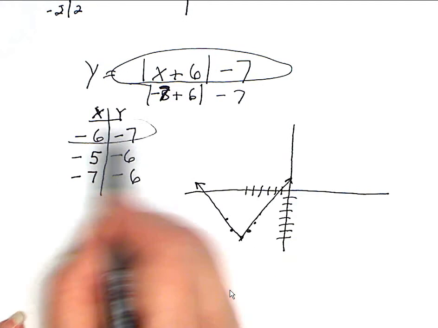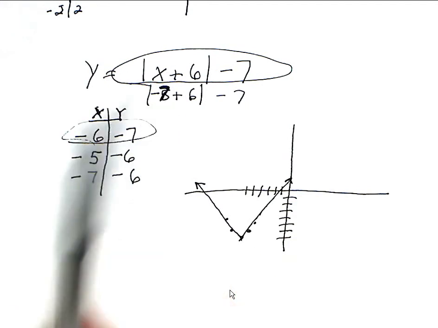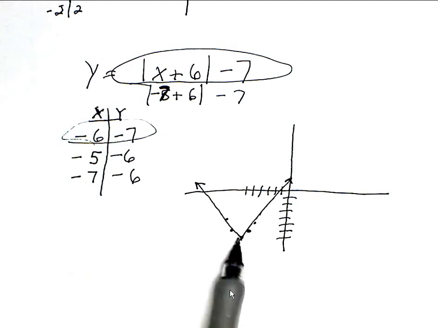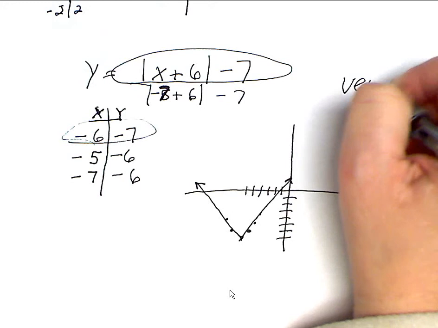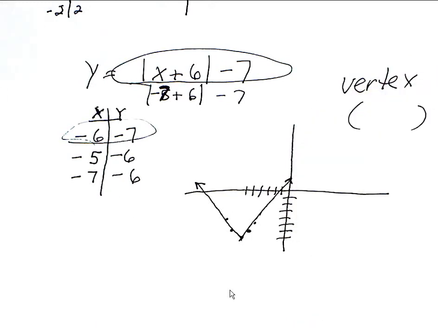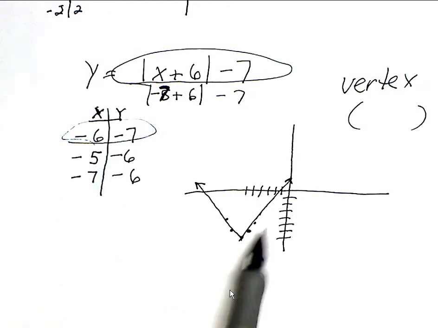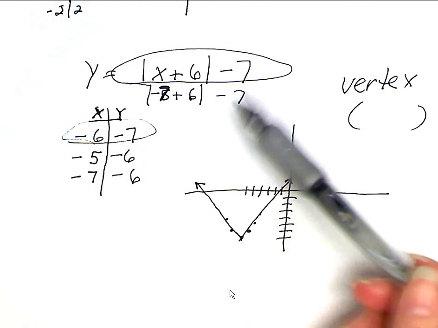I want you to look at the function and then look at your point to see how you come up with the vertex of the graph. So I'm going to take a moment, look at this, and then look at your point. What's the vertex, and how are we going to find the vertex of this?